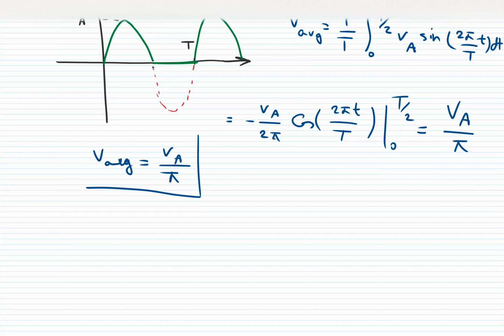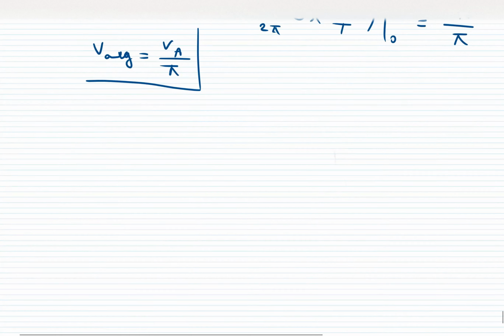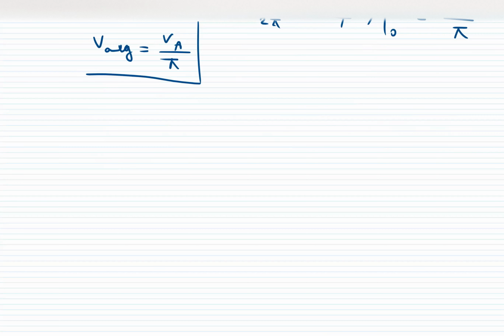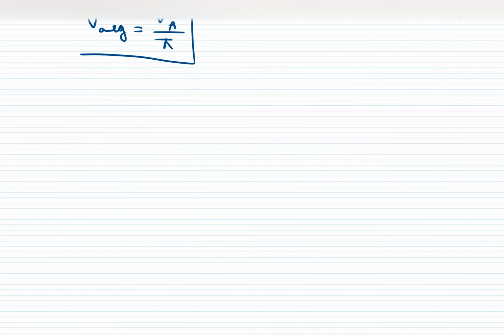The fourth type of signal value and peak is called root mean square, VRMS, which is the most important peak among these four types.